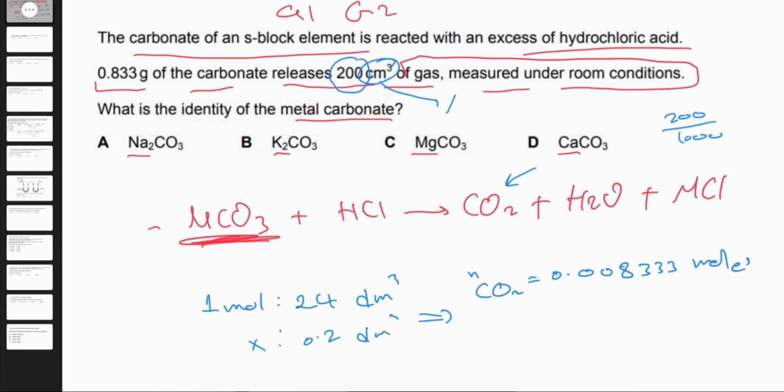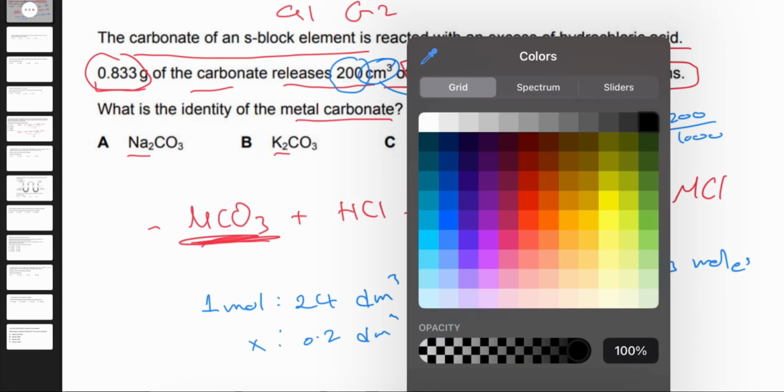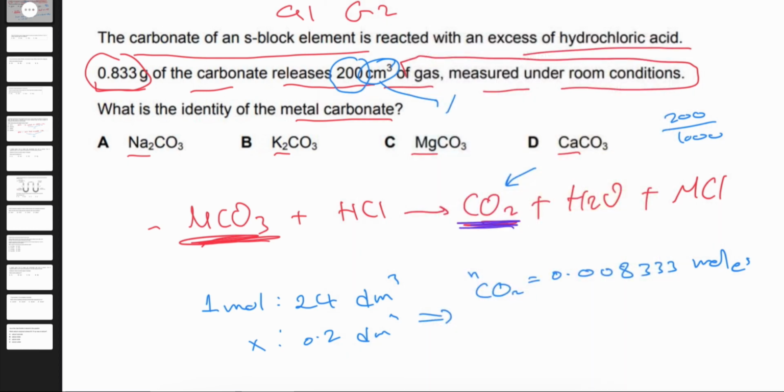All right. Now, keep in mind, our target is to identify the metal carbonate. Since we have the moles of carbon dioxide and we have the mass of carbonate, then we can calculate the MR. But the problem here is, how can I confirm that the moles of carbon dioxide, which are 0.00833, are the same as the moles of the metal carbonate? And this is very simple.